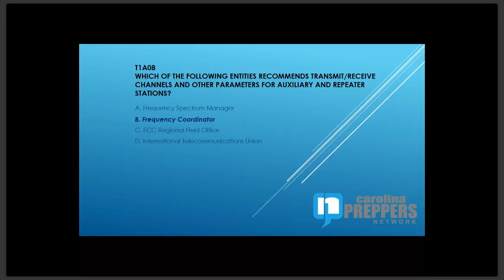Which of the following entities recommends transmit receive channels and other parameters for auxiliary and repeater stations? Lauren, I'll get to your question in just a minute. So in a general area, you have what we call a frequency coordinator. And a frequency coordinator usually covers a region.